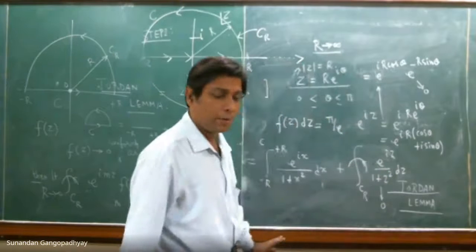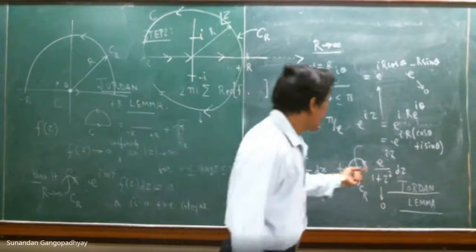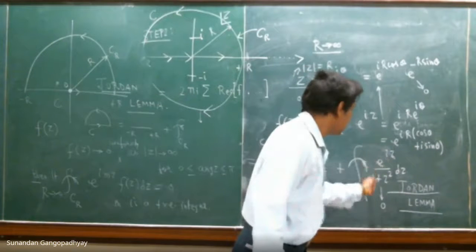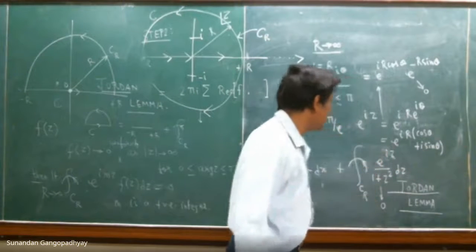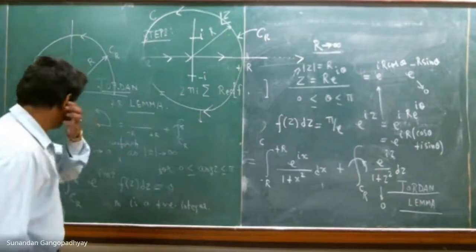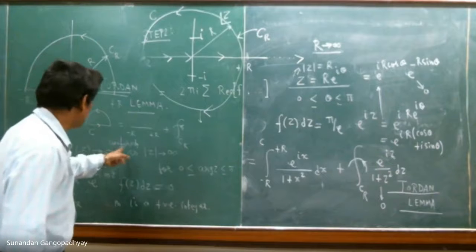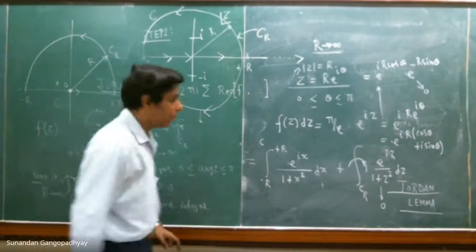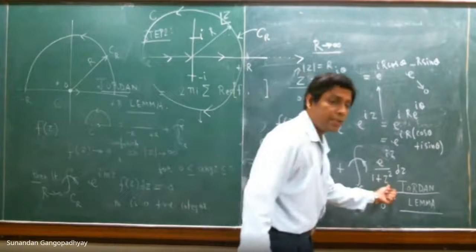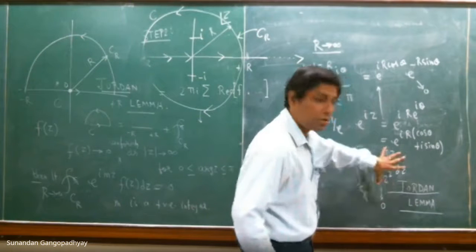It has a finite number of poles, otherwise it is analytic, there is no problem. And f(z) goes to 0 as mod z tends to infinity, because we have a z square sitting downstairs. Therefore, in the limit R going to infinity, this goes to 0.